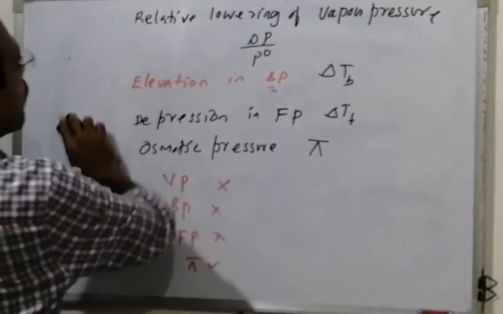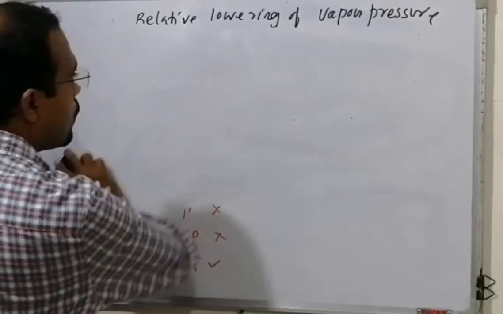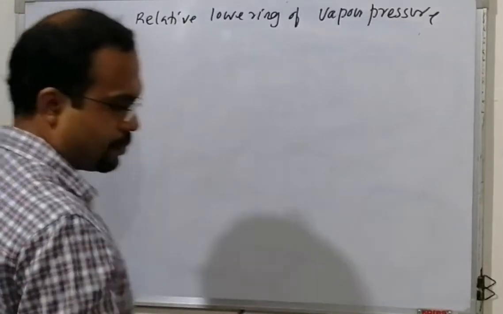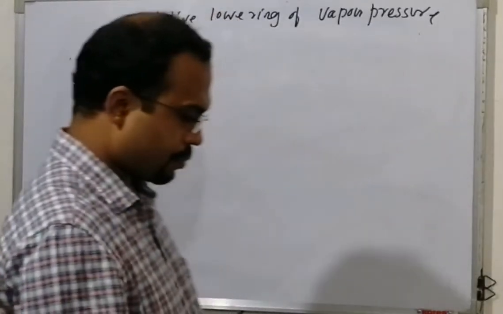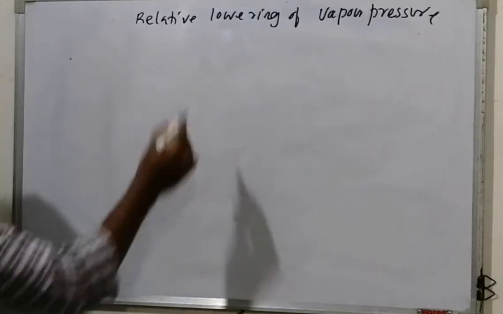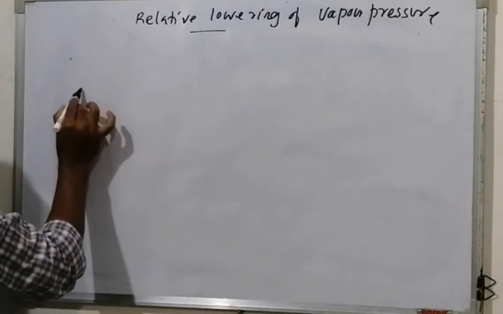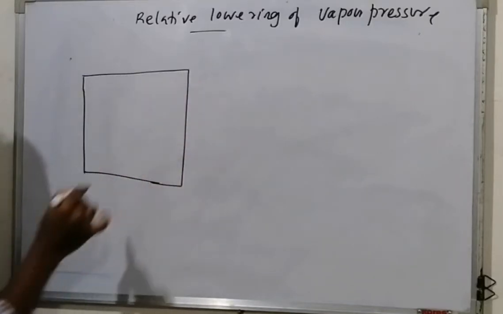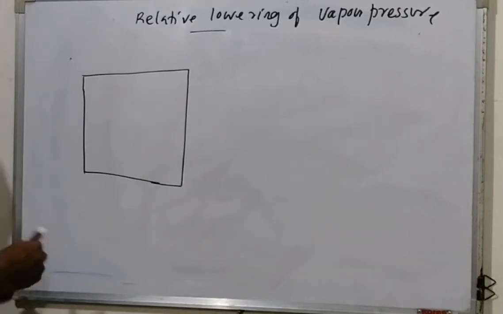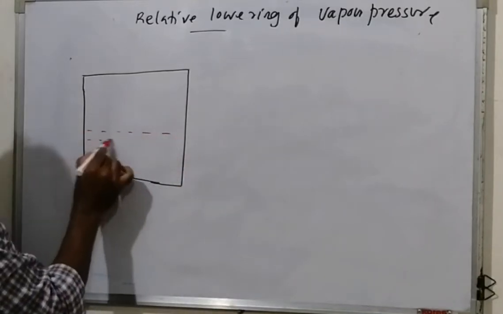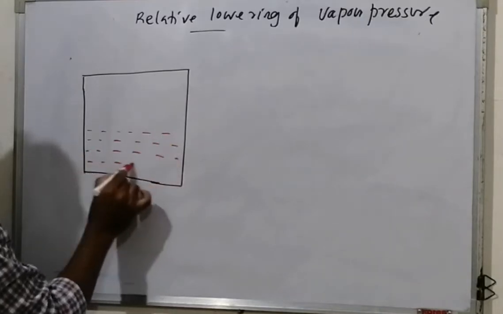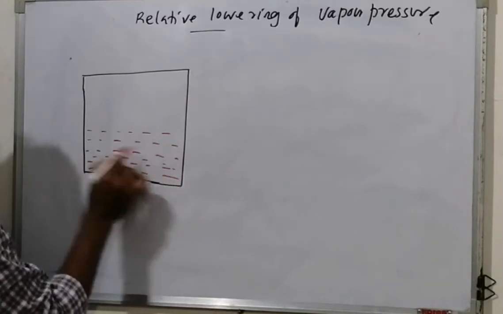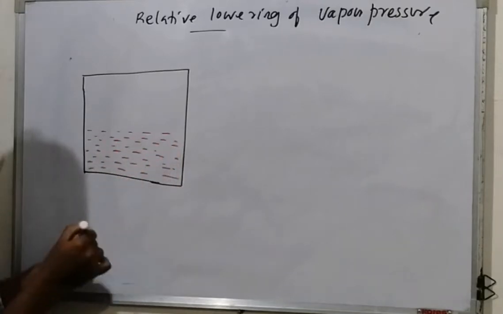The first is relative lowering of vapor pressure. To understand this, I will give you an image. Fine. You have a solvent.